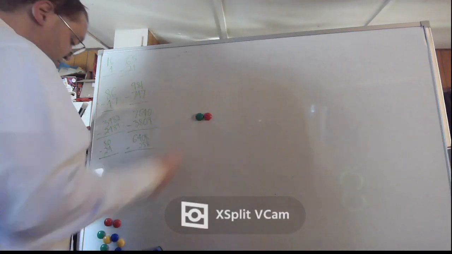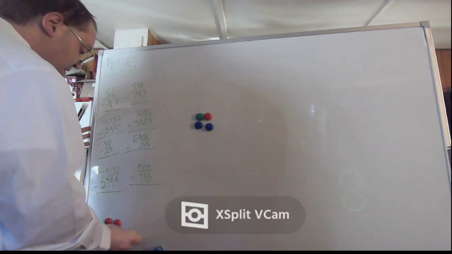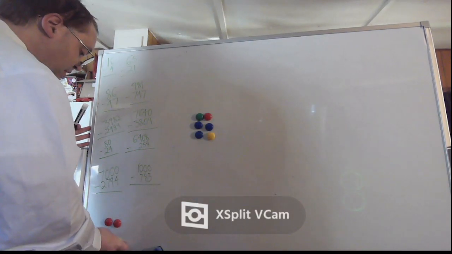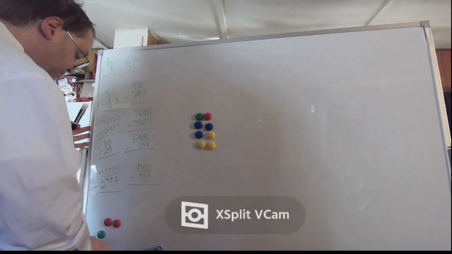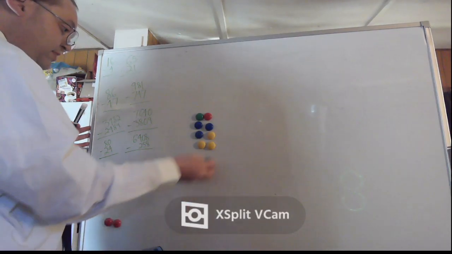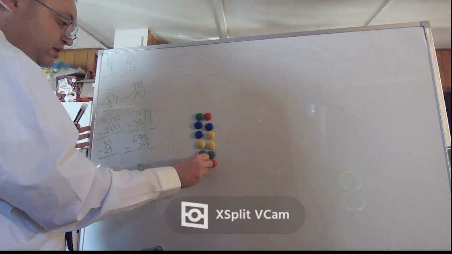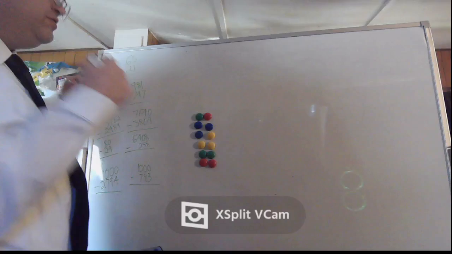Now let's do this with all of them that I have. I'll use all 12 magnets that I have. Just got to slide them into place. Alright, so if we count them, I should have 12 magnets.